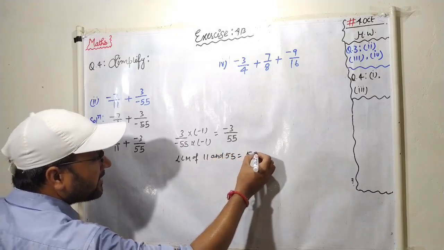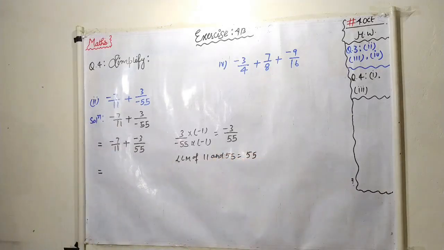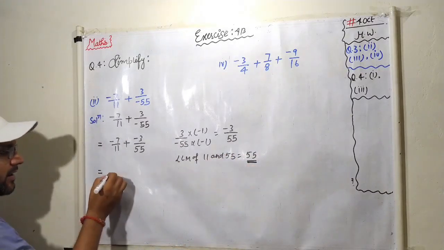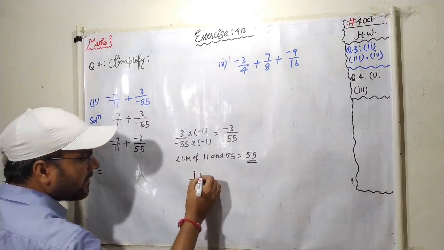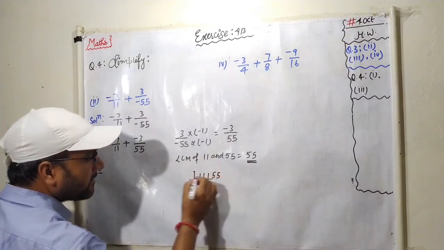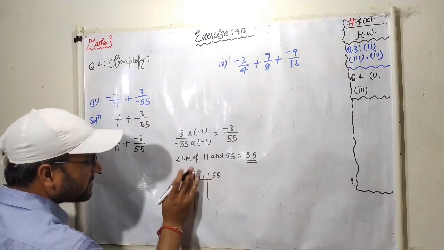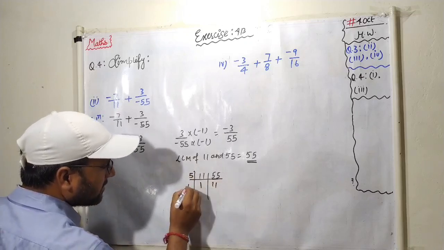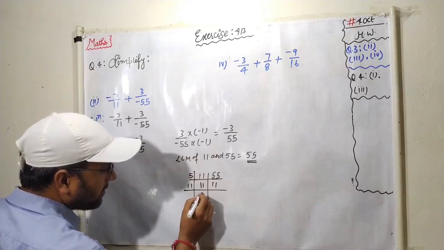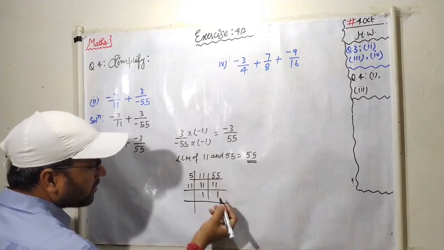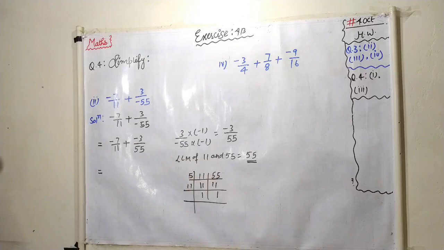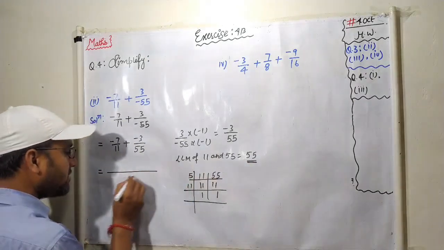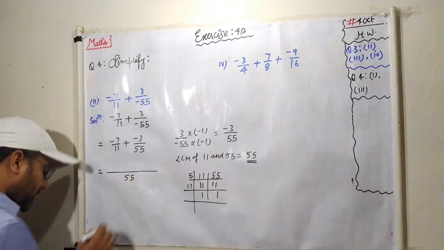You will get 55 as the LCM. First you go with small numbers: 11 times 1 and 1. 11 multiplied by 5 gives 55. So it means your common denominator is 55.